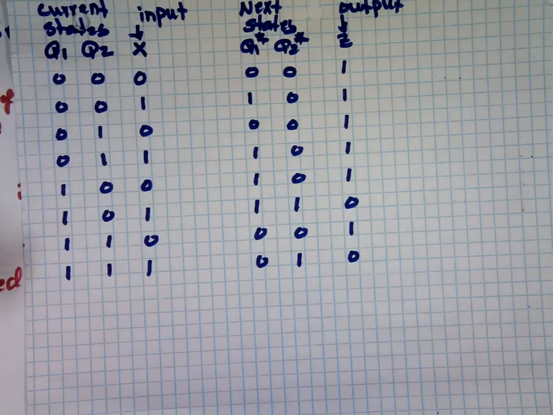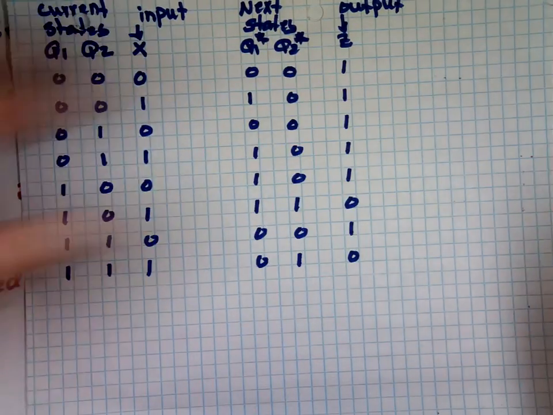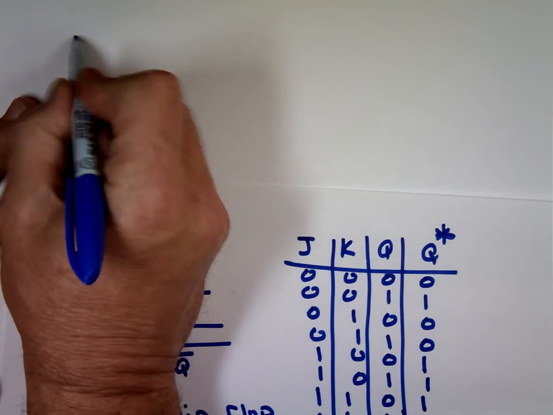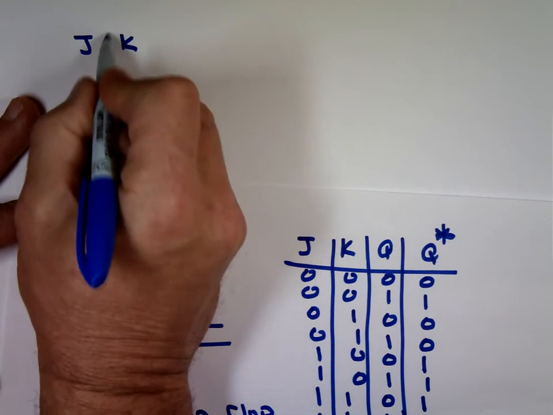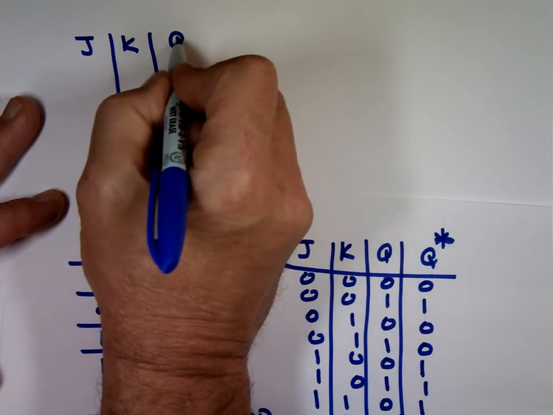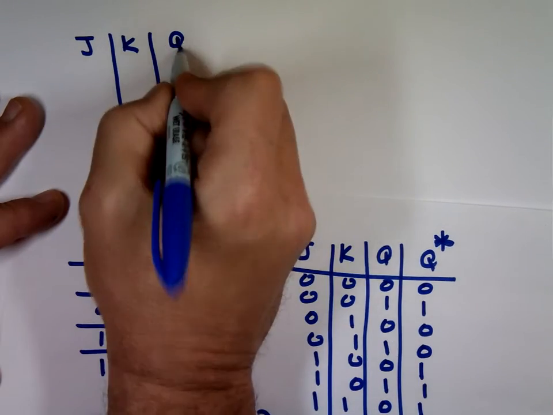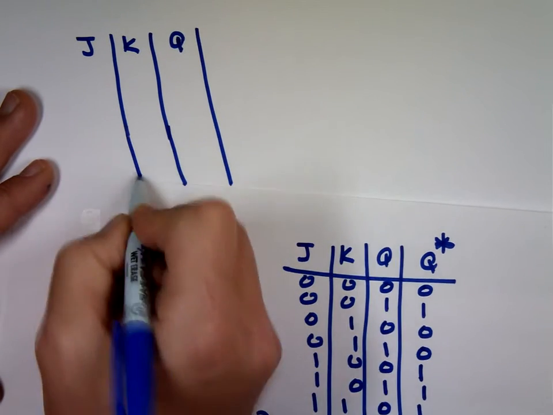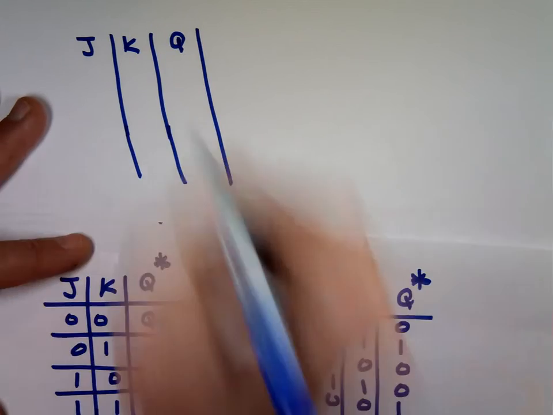So let me take a look back at the JK flip-flop. Let me hold this sheet of paper for a second. This can stay here. Let me write the JK flip-flop on a clean sheet. Q. And this is the Q next.